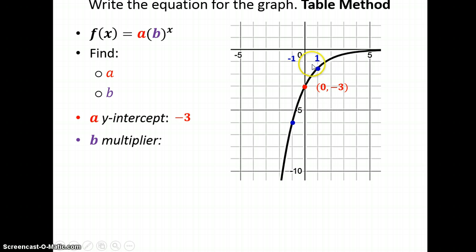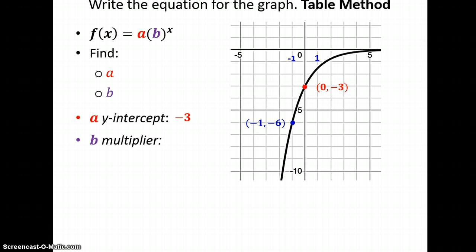The point at x equals +1 is in between y equals -1 and y equals -2. Therefore, we'd have to estimate the y value here. As a result, we don't want to use that point. So the point that we're going to use is at -1, -6.